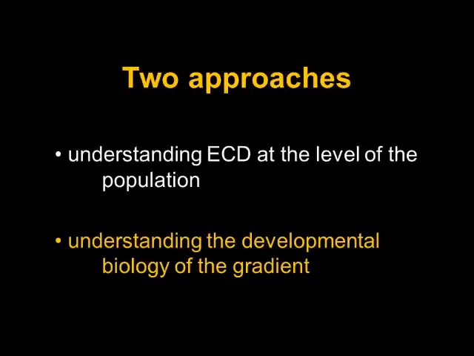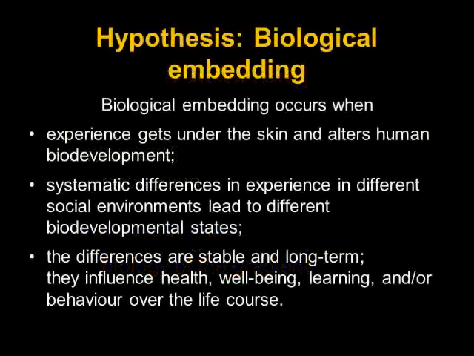In particular, it comes down to a hypothesis that we generated, and I have to say I generated, about 12 or 13 years ago, called biological embedding. Biological embedding is said to occur when experience, as the metaphor goes, gets under the skin and actually alters human biodevelopment, and does so in stable long-term ways.